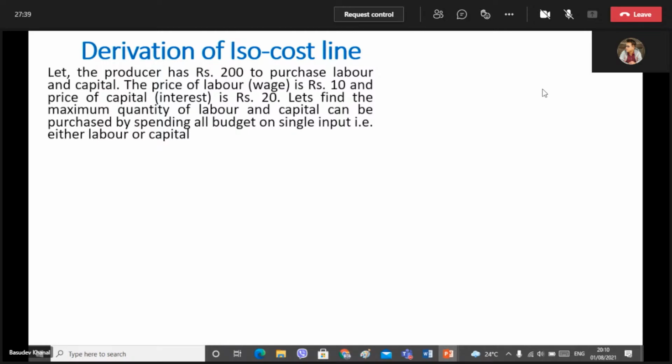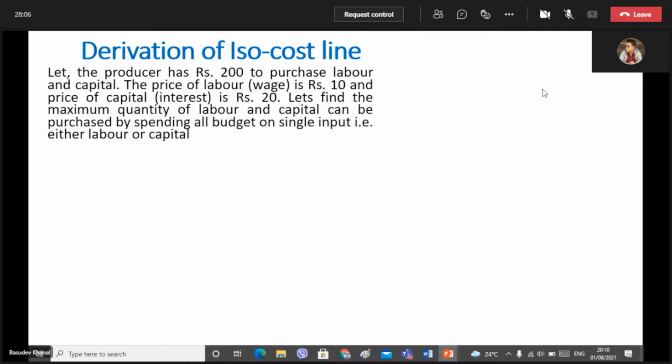Similarly, here, if the producer utilizes all the cost or budget or outlay on the purchase of labor, how many units of labor can be purchased? You should find that first. And then secondly, you should find how many units of capital can be purchased if the entire budget is spent on the purchase of capital.